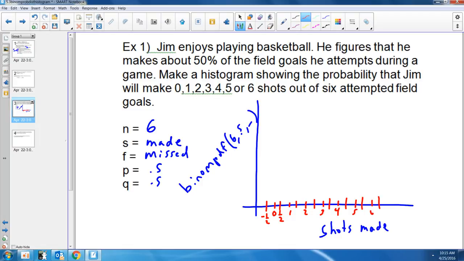And again, that's the number of successes out of 6 that you're finding out. And then you're going to have a probability.